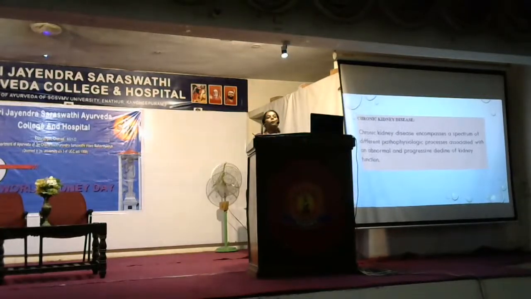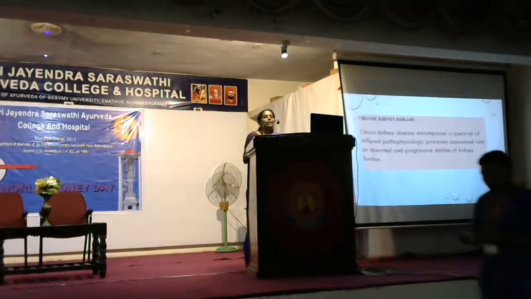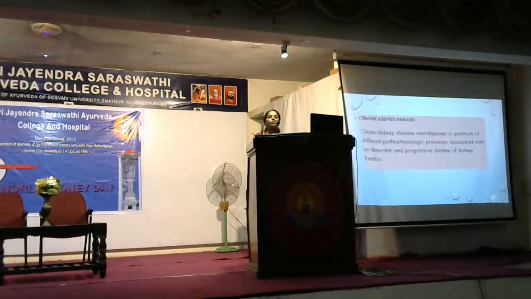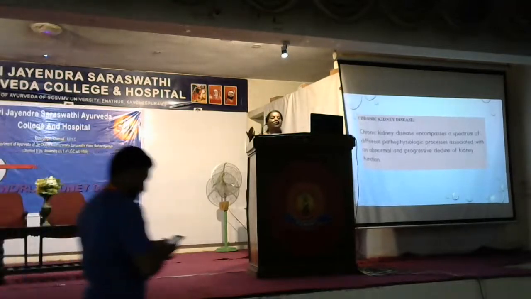When we are talking about pathophysiology, you should know what pathophysiology is. Normally, an organ has a physiological functioning. Any derangement in the physiology of an organ leading to a disease is called pathophysiology. So, what happens in chronic kidney disease is a pathophysiological process associated with abnormal and progressive decline of kidney function.